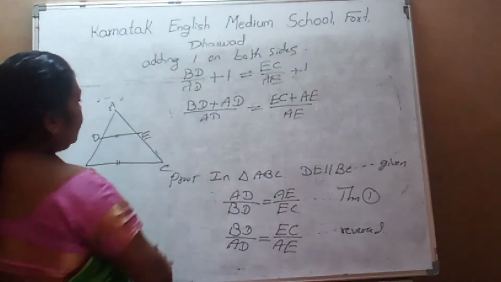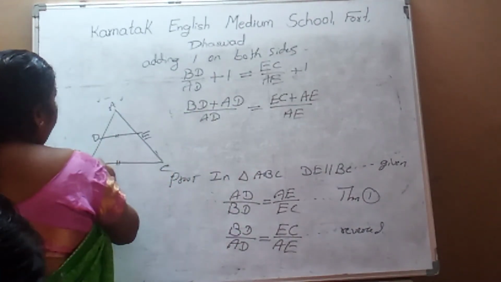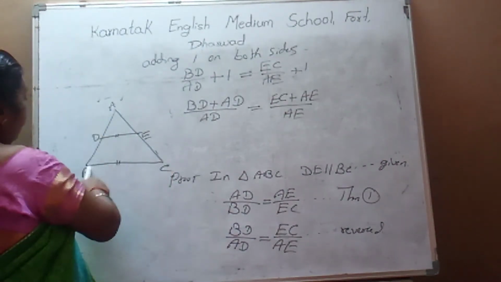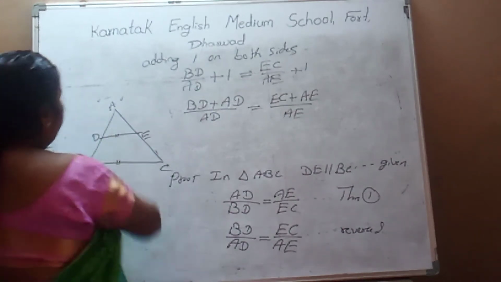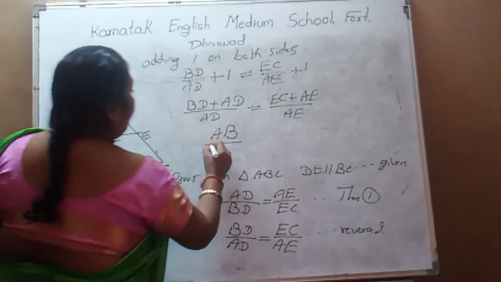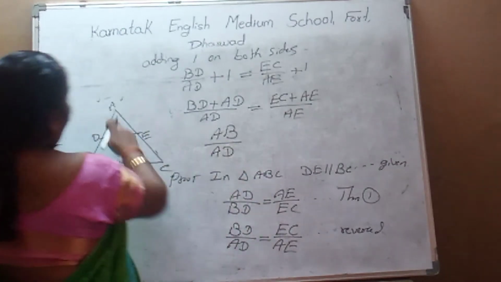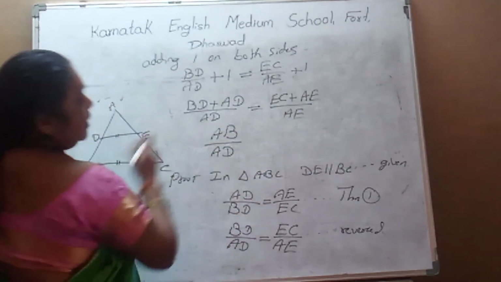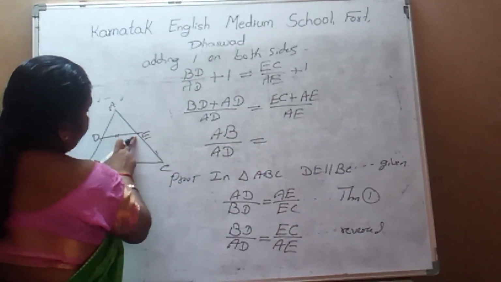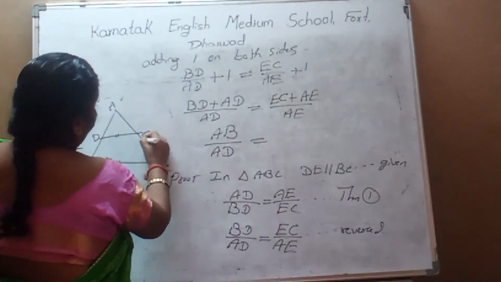So, observe here: BD plus AD. What do you get? That is AB. AB upon AD equal to EC plus AE.